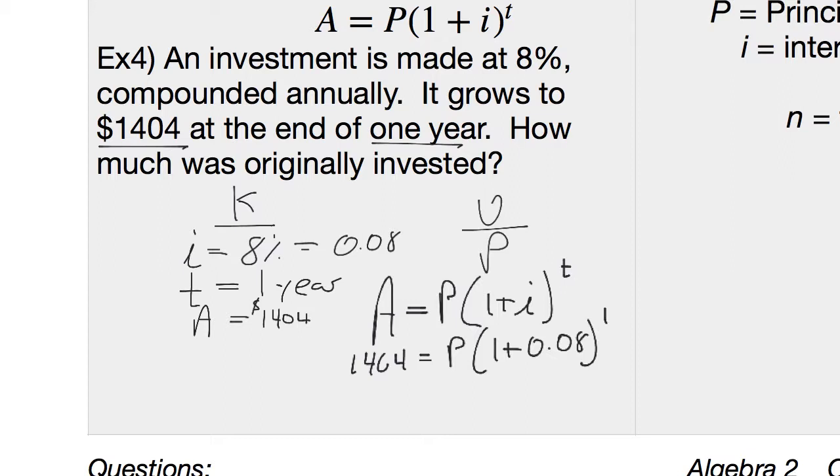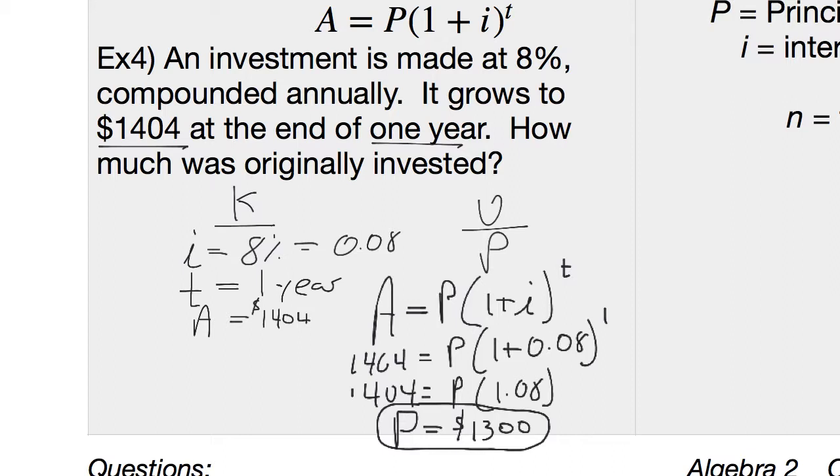And when we do the math and simplify this, 1404 is equal to P times 1.08, divide both sides by 1.08. And we get the principal is equal to $1,300. Notice that my answer has units. Very important.